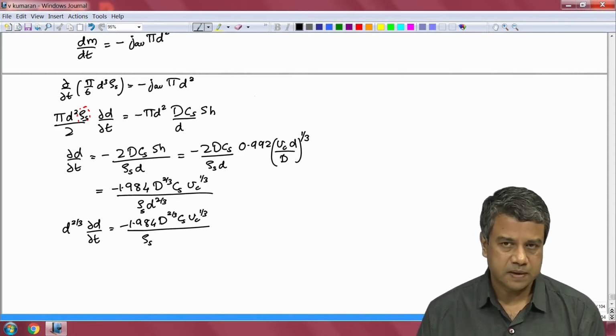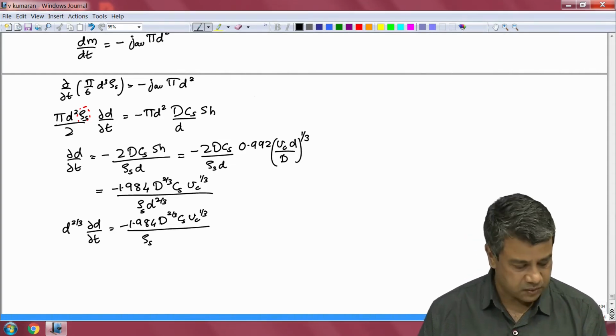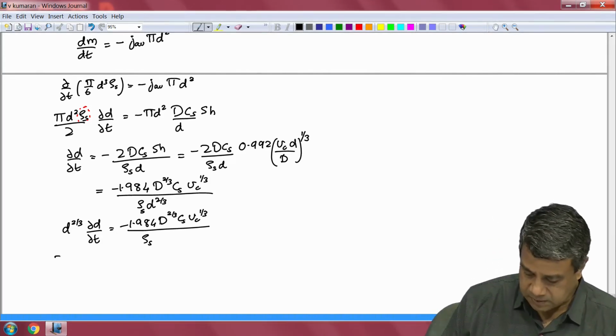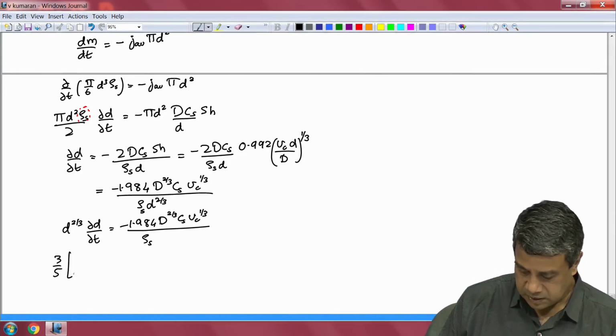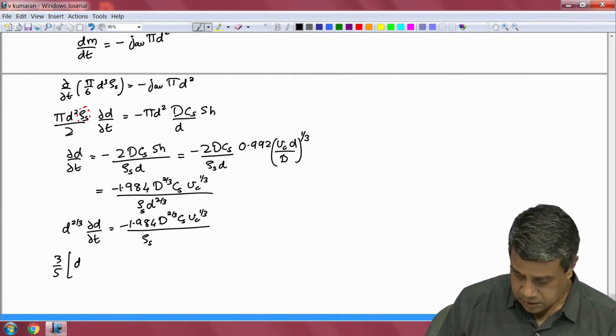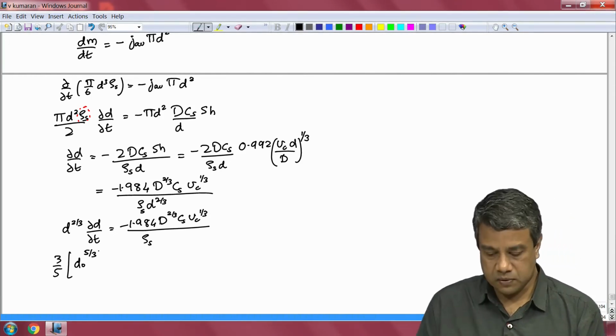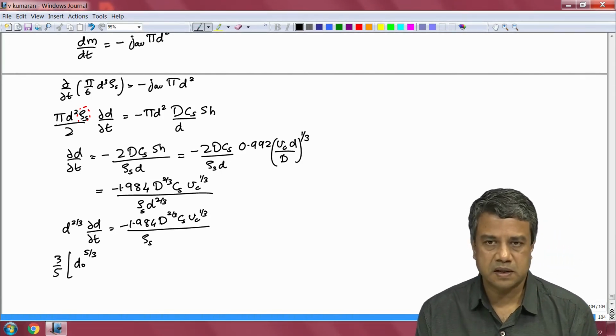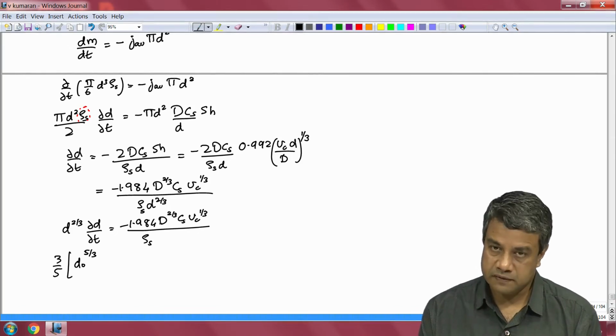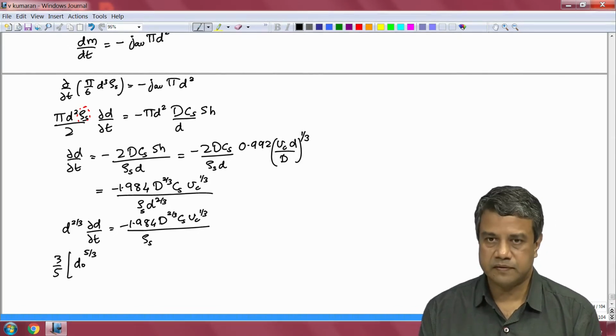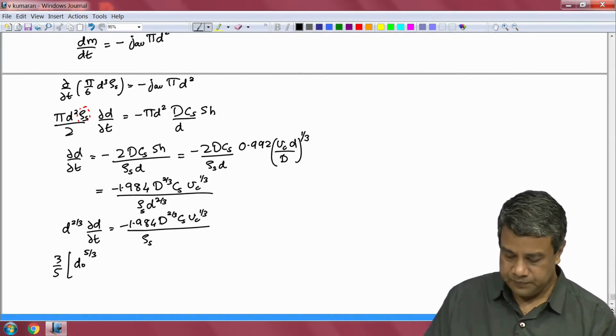Integrated once with respect to time, I will get 3 by 5 into d naught power 5 by 3. The integral of d power 2/3 times partial d by partial t is equal to d power 5/3 divided by 5 by 3.